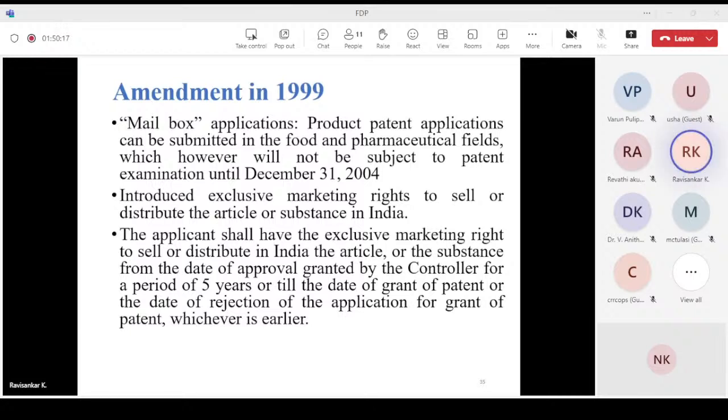Then they introduced exclusive marketing rights to sell or distribute the article in substance in India. Exclusive marketing rights means that since the patent is in a mailbox application, those MNCs who have filed product patent applications can market the product for a period of 5 years or till the grant of the patent or the date of rejection of the application for grant of patent.